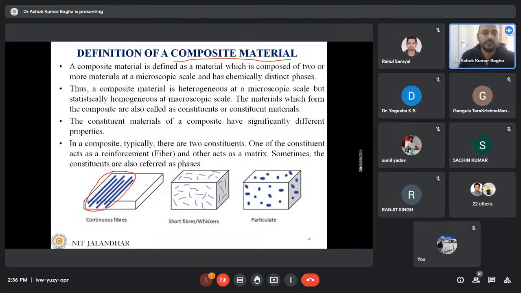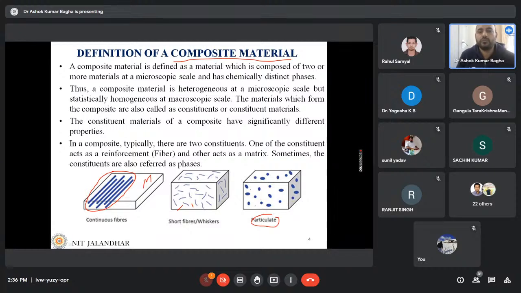You can see here the matrix with fibers reinforced inside it, then a matrix with short fibers reinforced inside it, and then a matrix with particulate reinforcement, small circular or elliptical shapes. These are known as particulates.